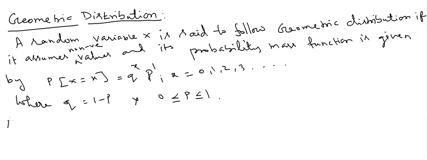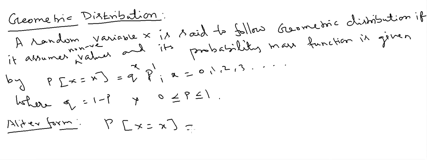A latter form is there, which we can also define: P of X equal to x is equal to q power x minus 1 into p. Here we take x values from 1 to infinity, the integers.